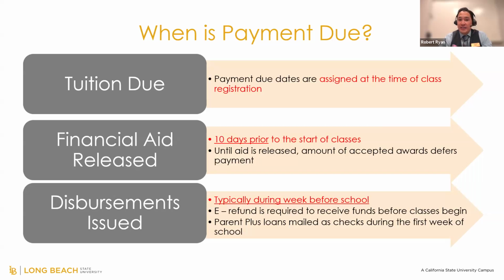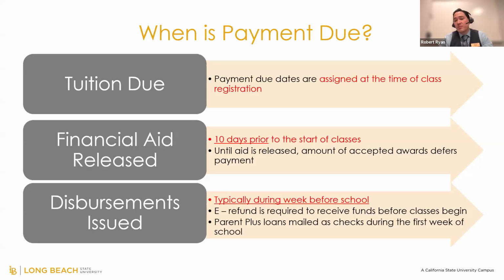Right now, for example, if a student were to register today, the next major payment deadline would be July 17th. If the student registers after that date, the next payment deadline would be August 14th. And if they register after that date, it would be due the next day. So it can vary. The best recommendation would be, as soon as the student enrolls, to have them check their Student Center to view their charge due date.